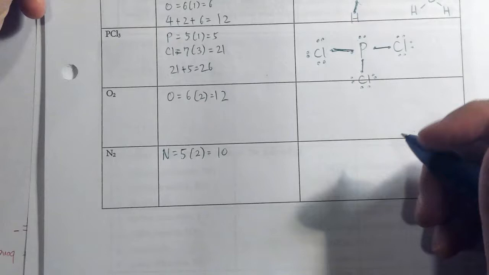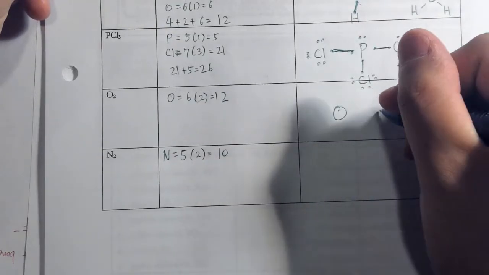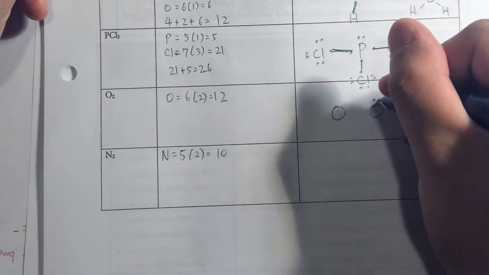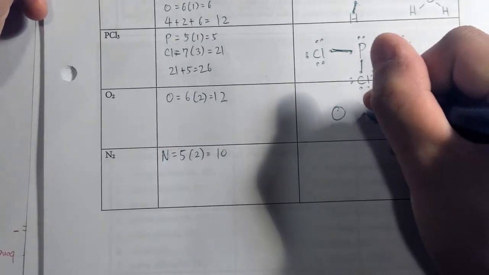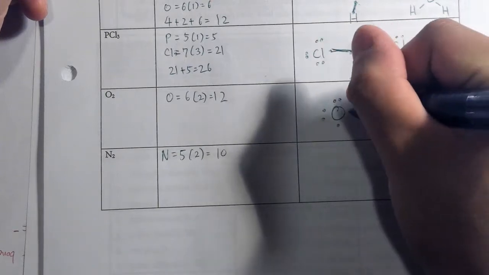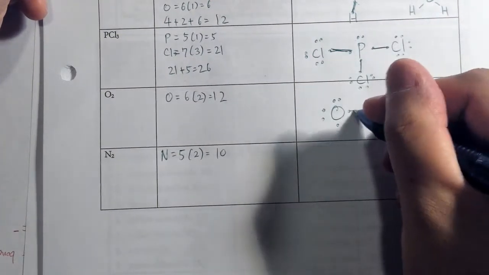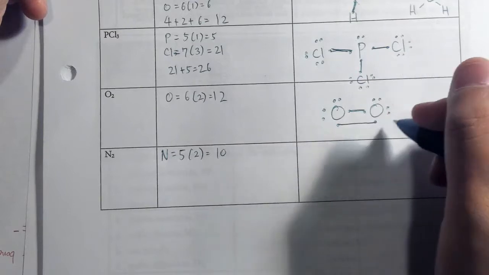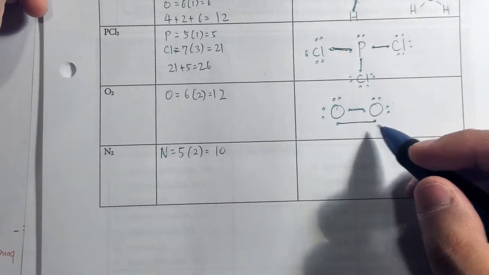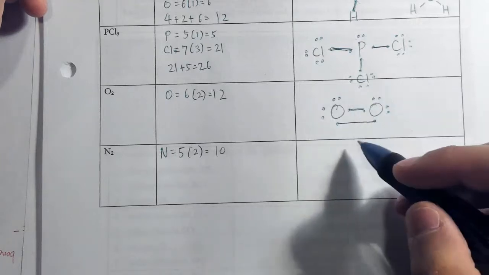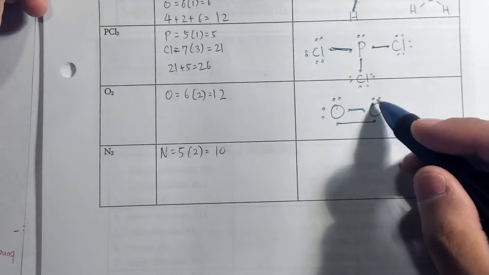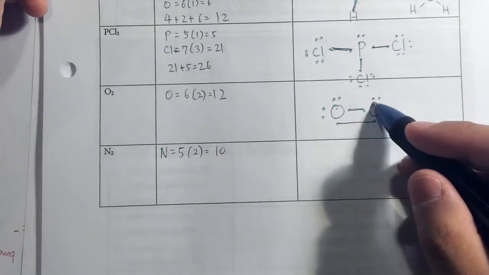2 more to go. So oxygen. There's going to be 2 oxygens. Alright? And we're going to have 6 valence electrons for each. Alright, so lone electrons, we combine them together. Also, in this structure, the reason why you leave it in this format is that these shared electrons won't connect with these shared electrons because they're already shared.